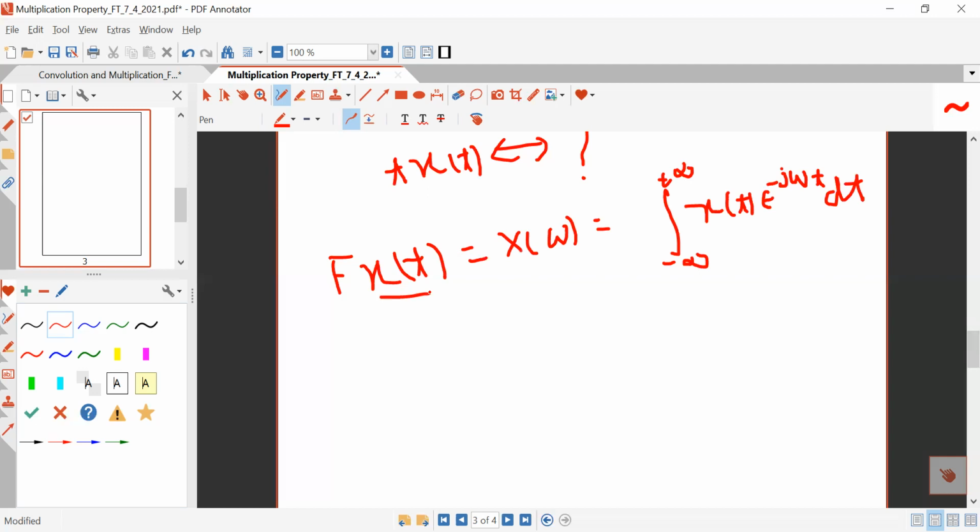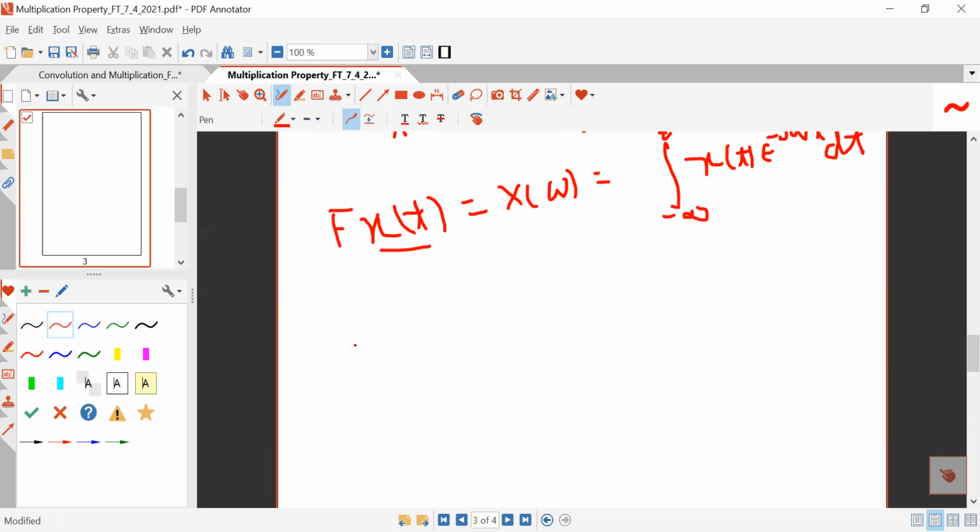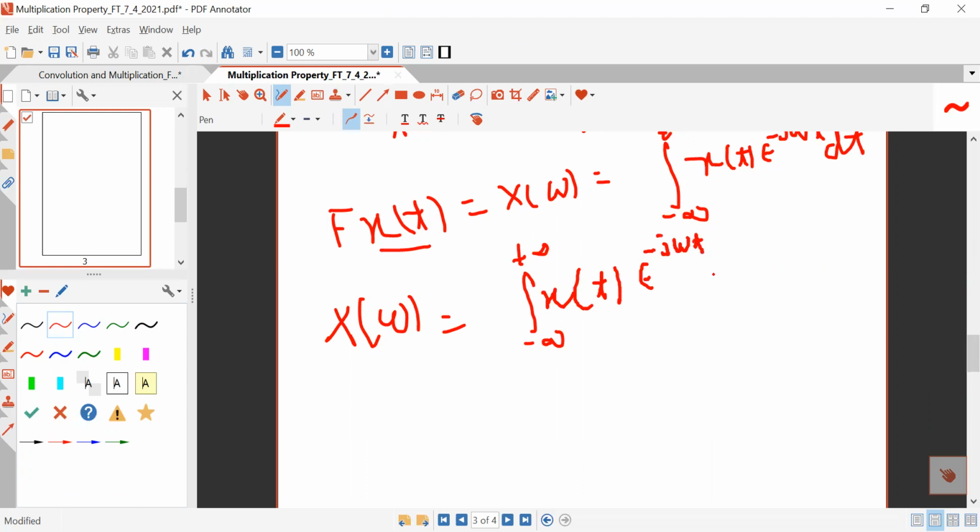The main role of the Fourier transform is to convert a time domain signal into a frequency domain signal.